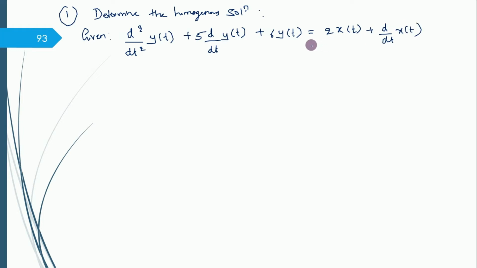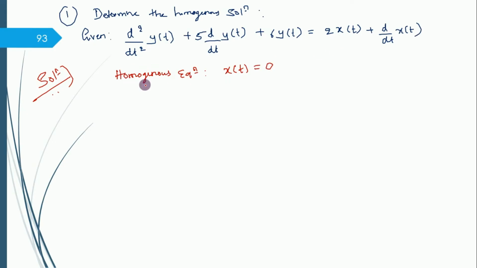Now we need to solve for the homogeneous solution. Solution goes like this. First, you need to write the homogeneous equation. Please be careful here. The homogeneous equation is written by making x of t equal to 0. The terms with x of t, you should make 0.